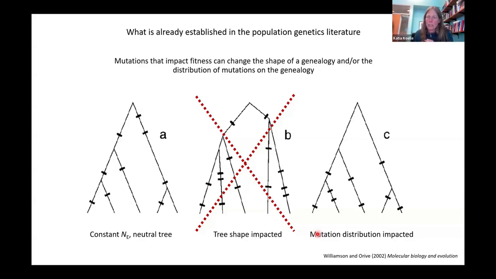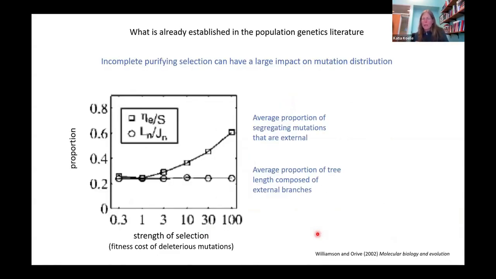But what about mutation distribution? This paper, as well as a few other ones, have looked at the proportion of singletons on external branches relative to internal branches. What you can see from this slide is that as the strength of selection increases, the average proportion of segregating mutations that are external increases precipitously, whereas the average proportion of tree length composed of external branches stays pretty constant.